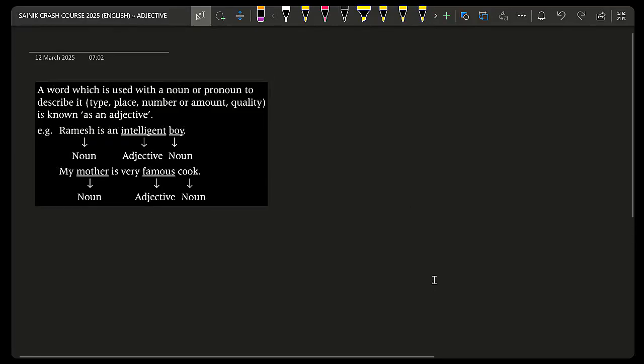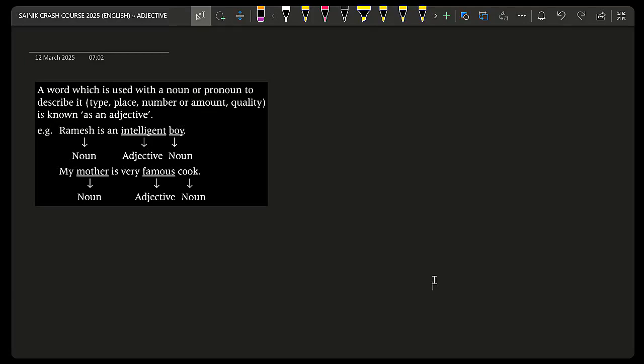A word which is used with a noun or pronoun to describe it, that is, which type it is, to describe its place, where is it, a number, how many are there, singular, plural, or amount also, quality is also known as adjective.